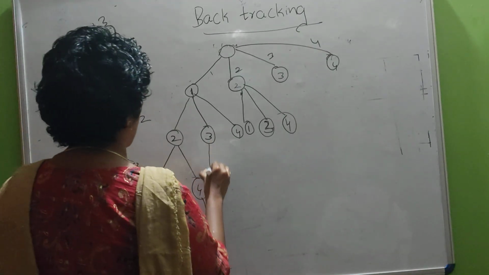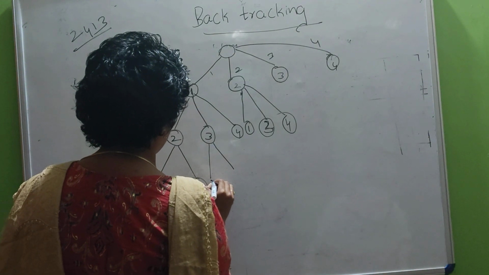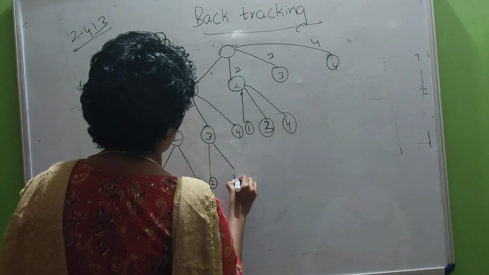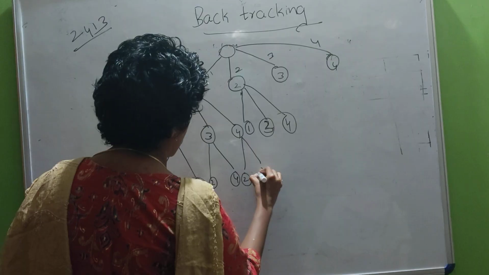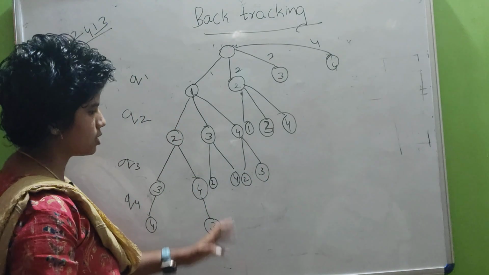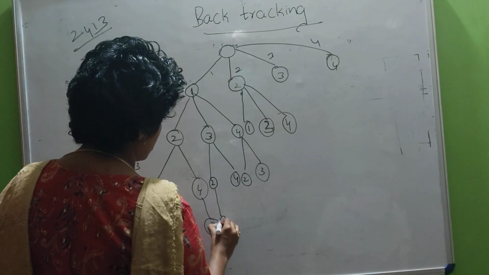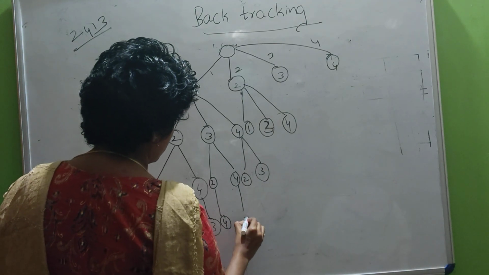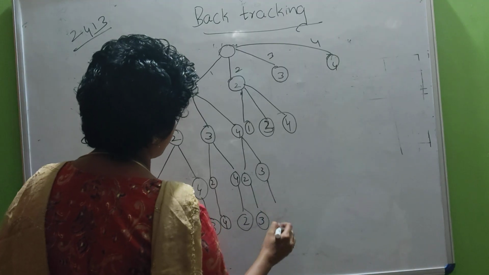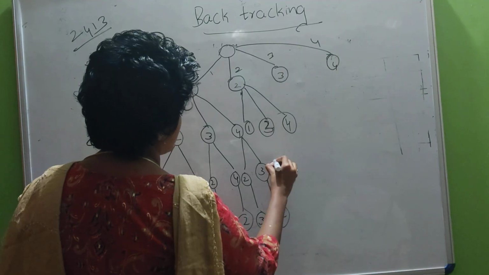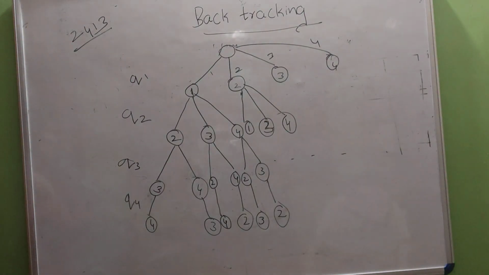Now I'll write here 2, 4, here 2, 3. In my notes it's clear, just for your understanding I am drawing it again. Here the only one left is 4, here 2, here 3, here 2. In that way you fill all the possibilities. That is your state space tree.